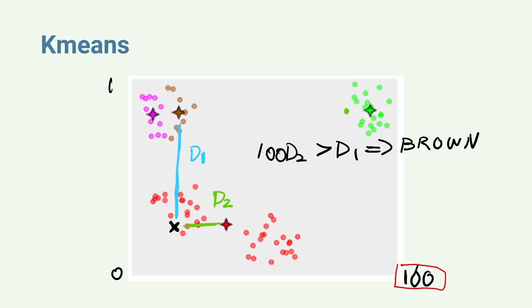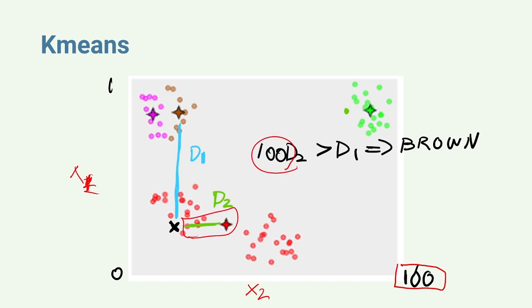Let's say that I multiplied x2 by 100. In other words, x2 was on the scale of 0 to 100, and x1 was on the scale of 0 to 1. Then suddenly this distance d2 gets multiplied by a factor of 100. And so what you have is 100 d2 versus d1, and 100 d2 is actually a really big number.